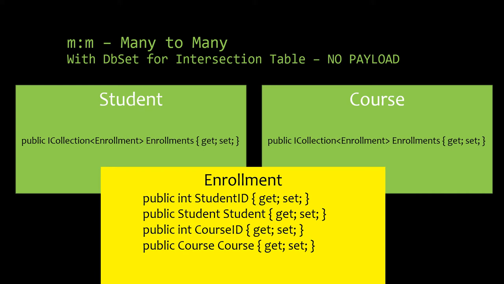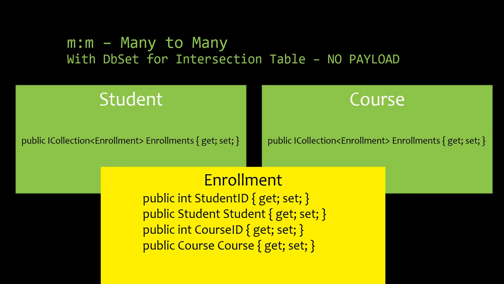So which is why we see in my enrollment table here, this intersection table, there's nothing there except these four properties. We know it takes two properties to properly describe a foreign key using Entity Framework code first, right? So we have the parent object along with an integer to represent the parent's primary key, usually using the parent class name with ID at the end, right? Simple, that's all we have to do.